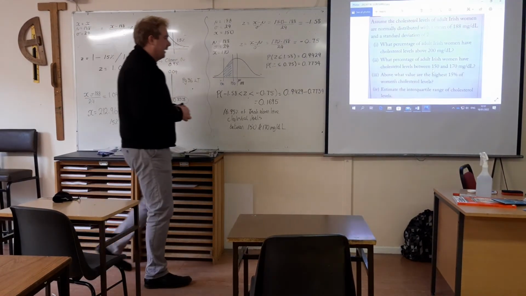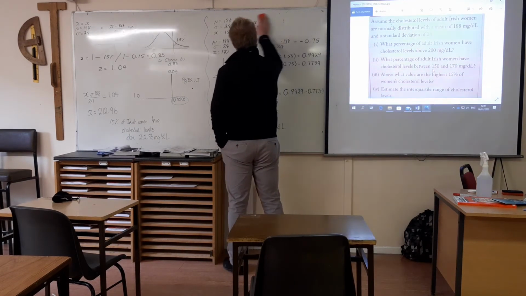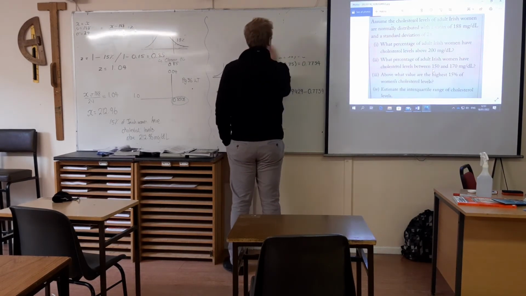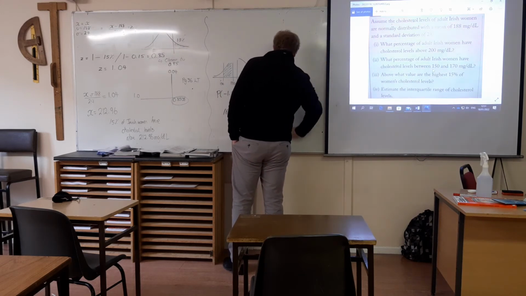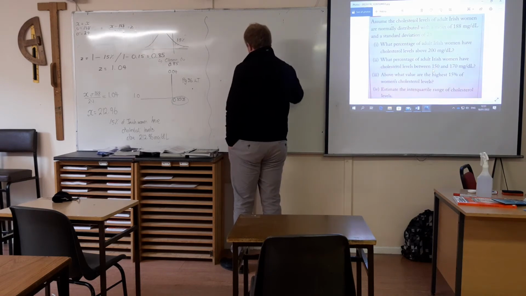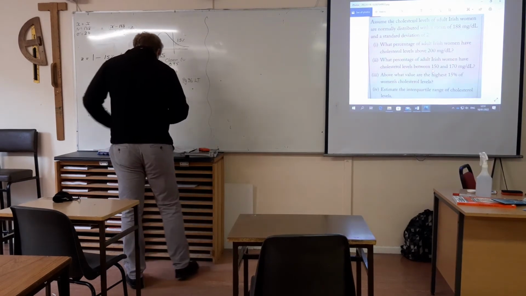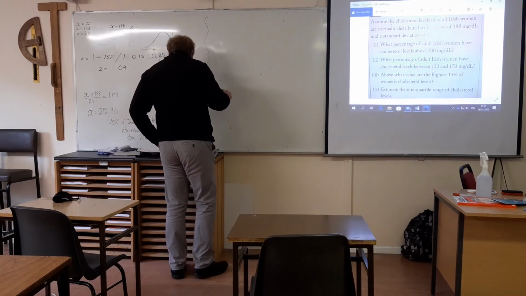And in the final part of that question, estimate the interquartile range for the cholesterol levels. Now this is a very common question that comes up, asking to use the z tables to calculate the interquartile range. So the first thing we have to calculate is the upper quartile.